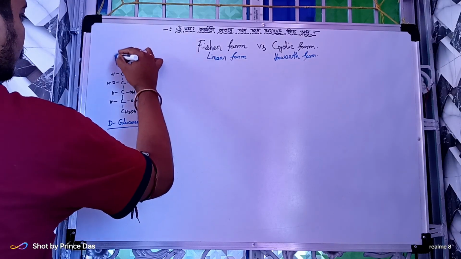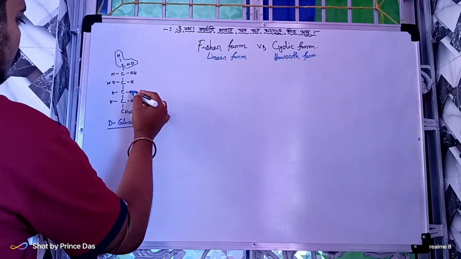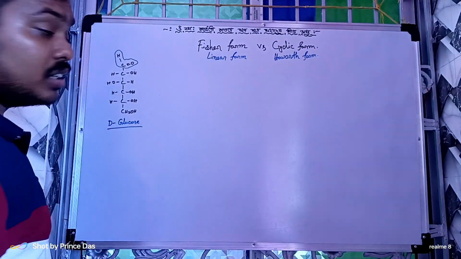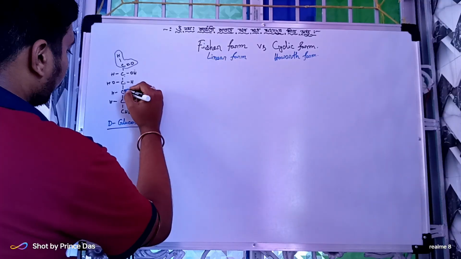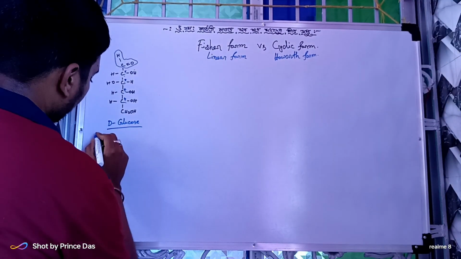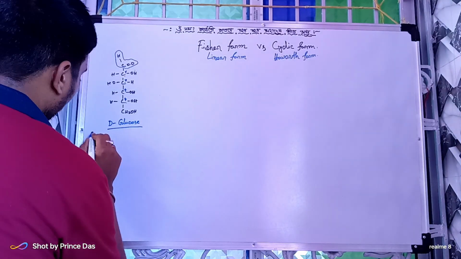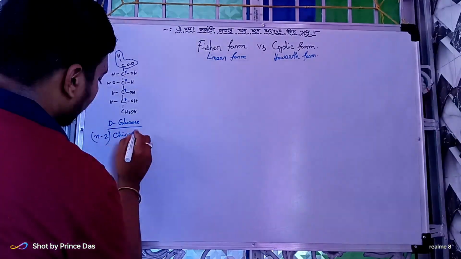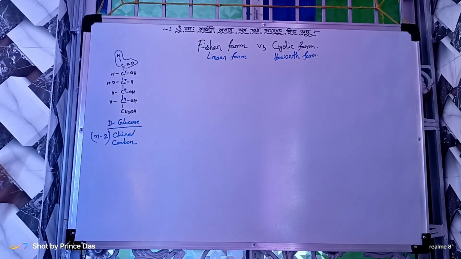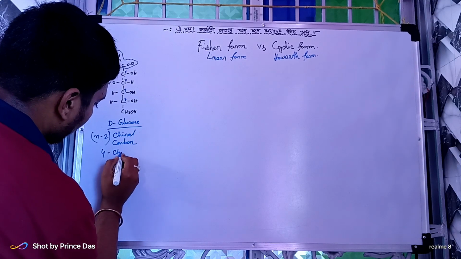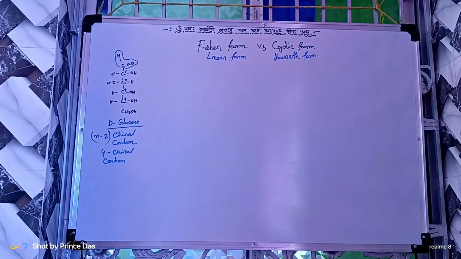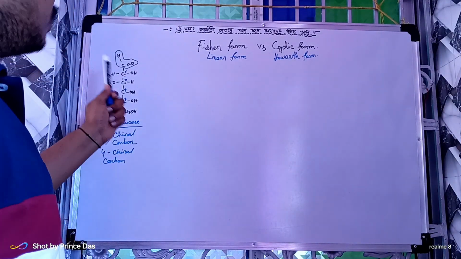Here you can see the aldehyde group and the hydroxyl groups 1, 2, 3, 4. So how many chiral centers are there? 4. Again, N minus 2 is the formula for chiral carbon, so 4 chiral carbons are present.